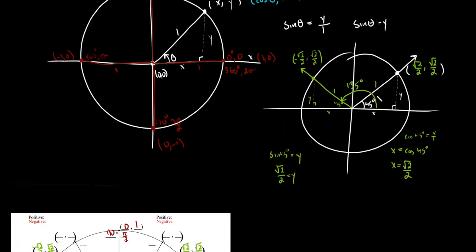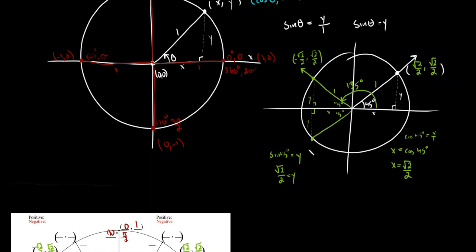Okay? Well, I can kind of keep going here. If I made another right triangle in quadrant 3 with a 45-degree measure, I would have roughly the exact same coordinates.